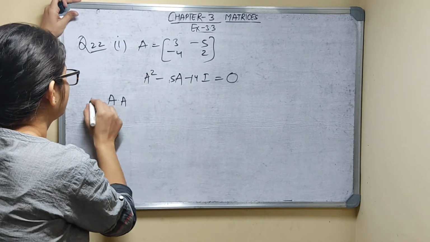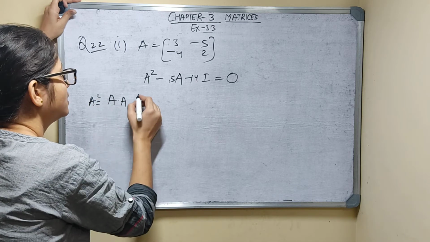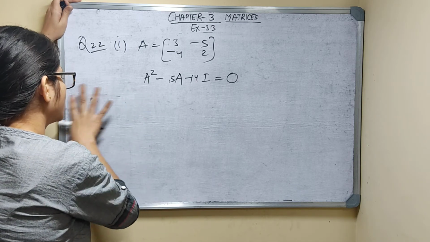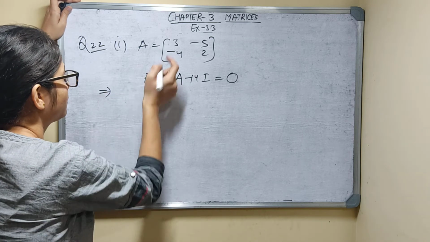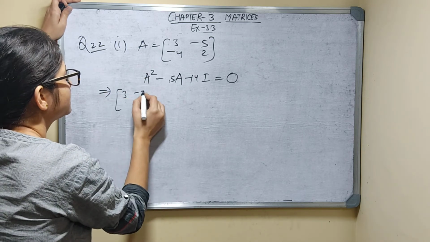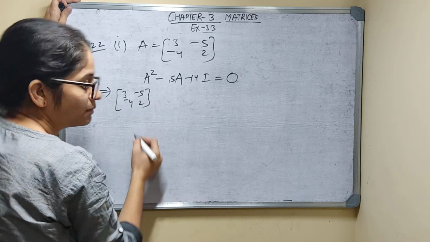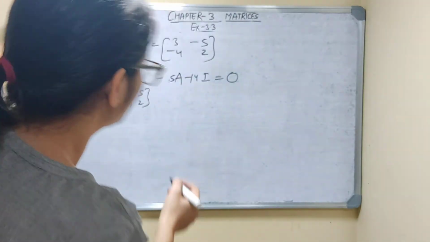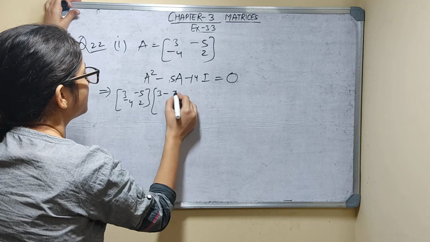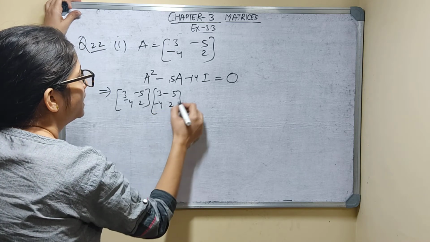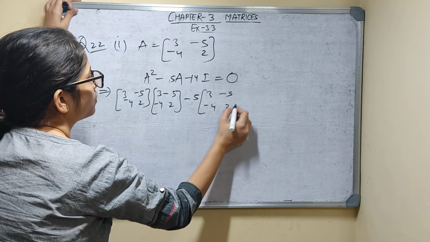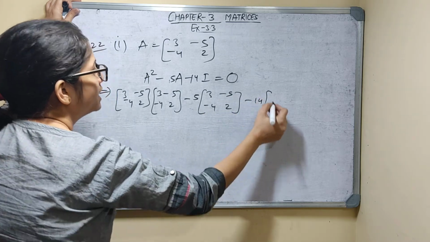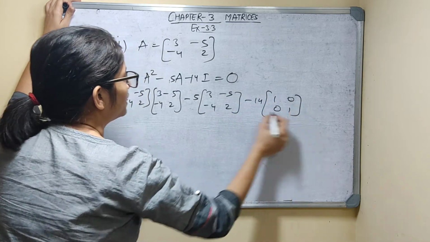So A dot A, I will solve A squared, or directly you can write here A squared. So [3, -5; -4, 2] multiplied with [3, -5; -4, 2]. Minus 5 into [3, -5; -4, 2]. Minus 14 into I, so [1, 0; 0, 1].